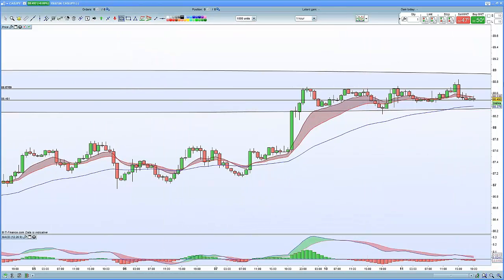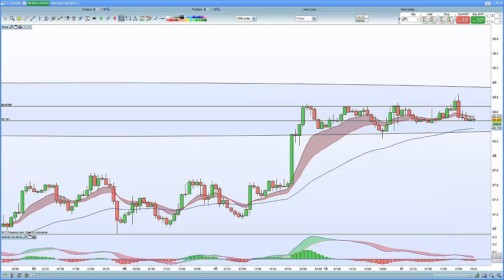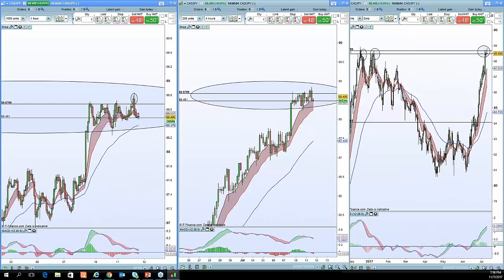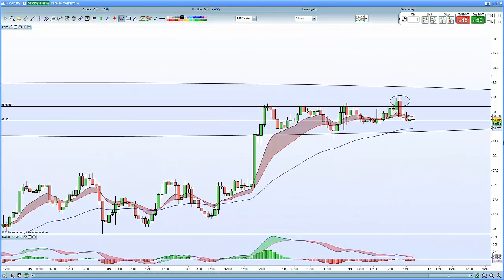If you look at the CAD Yen 1-hour chart, there's a false breakout that just happened. Let me see the 4-hour chart. Yes, it seems like a false breakout. There's still a chance that it might consolidate back to the 88.30 or so. It's about 18 pips away from now.